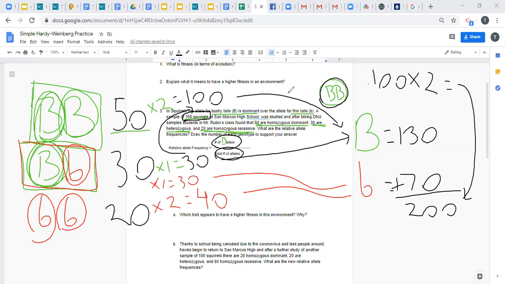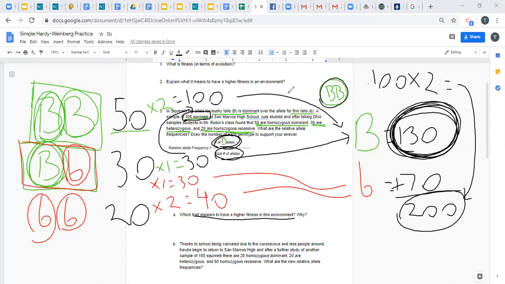Okay. Now, how do I do the relative allele frequency? To do the relative allele frequency, all I have to do is take my number of a particular allele and divide it by the total. And I do that for each of them. Which trait appears to have a higher fitness? To do that, you just figure out which one appears the most, or which one has the highest frequency.